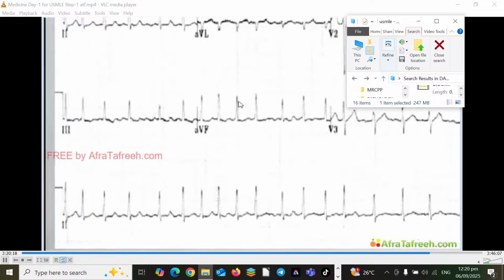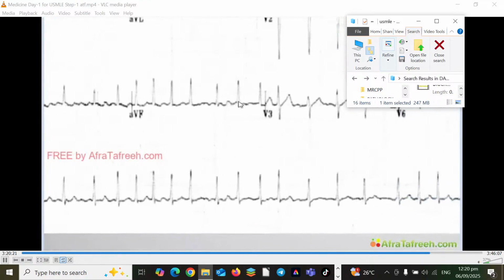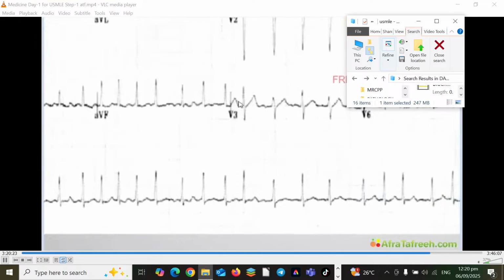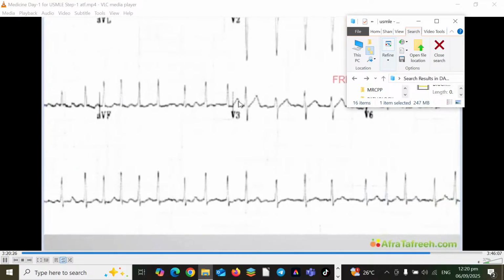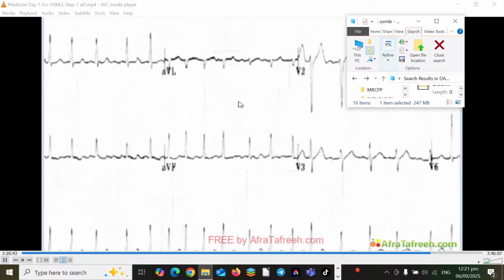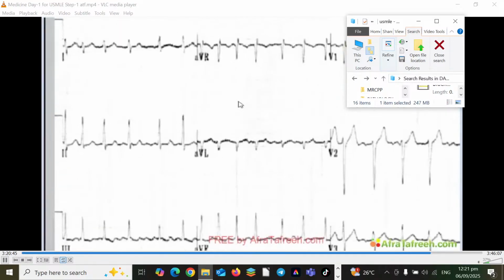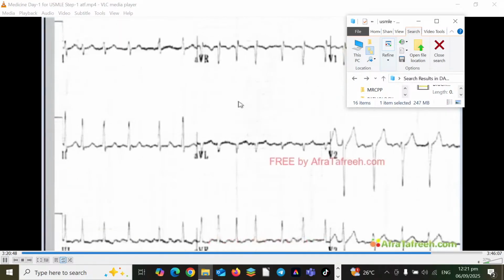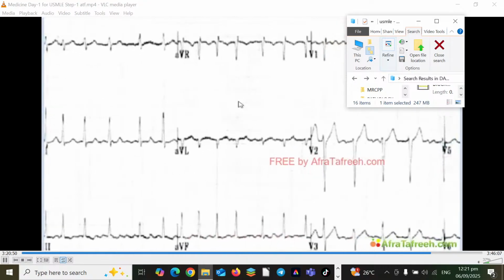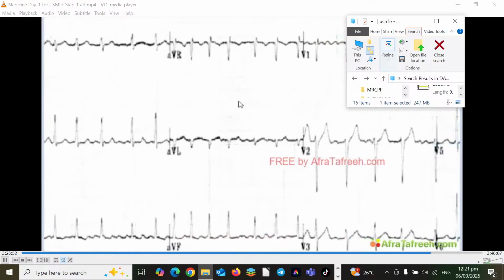I'll just zoom the rhythm strip so that you can notice it. I'll help you out in this.